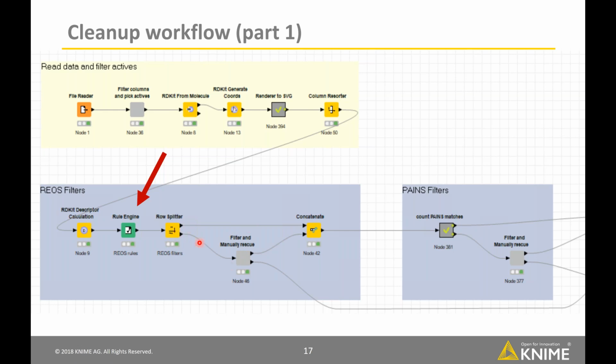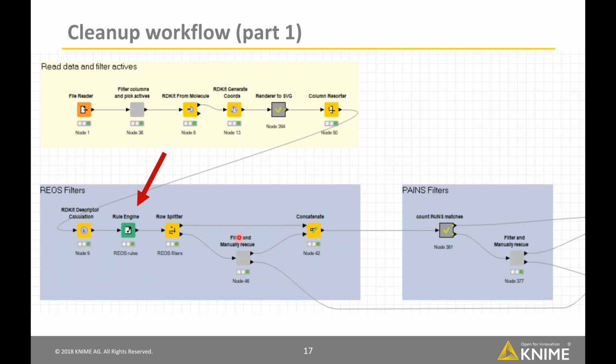The ones down at the bottom have been flagged as violating one of the rules. So this next node down here is going to show me those molecules and allow me to pick any of the ones that I might want to rescue. I'll then take those molecules, add a column to the table that says, okay, I rescued these manually, even though they were REOS violators. And I concatenate those two tables together and then take everything forward.